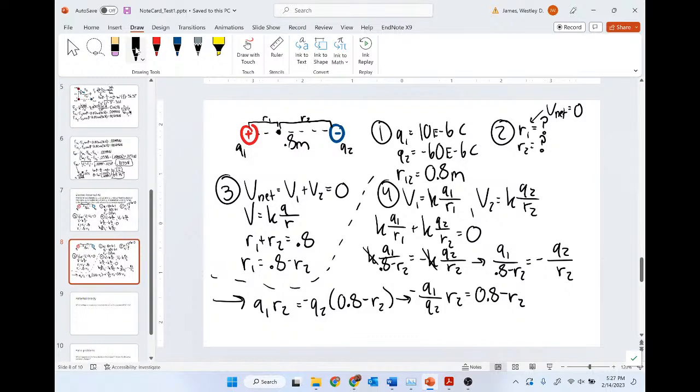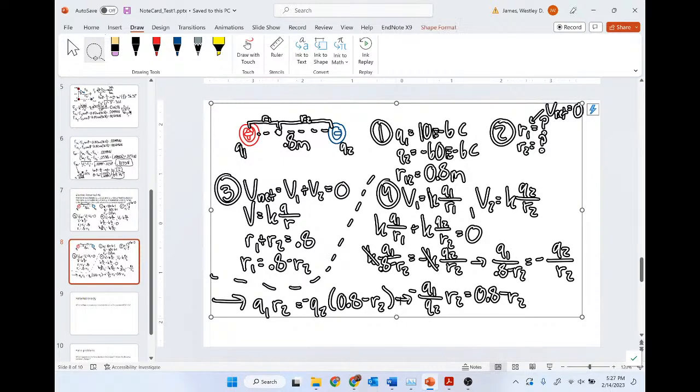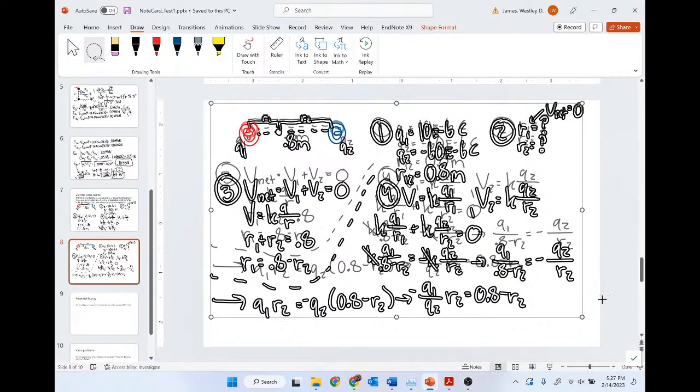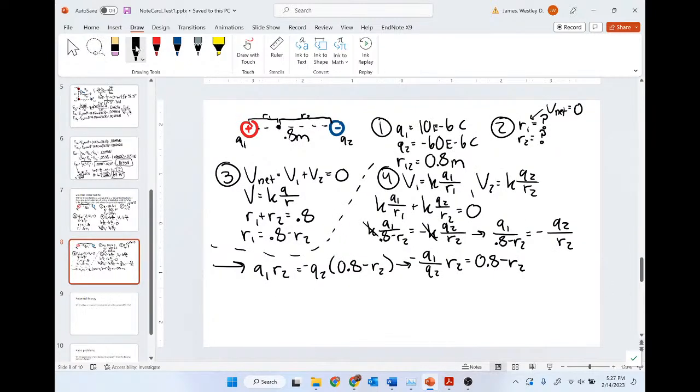And now it's just plugging in numbers. I mean, I guess I can plug in the numbers. I don't know how much that benefits us necessarily. 10e to the minus 6. Let's make everything a little smaller. All right, 10e to the minus 6 over negative 60. There's that negative sign in front. There's that negative sign there. Those two negative signs will cancel, which is great for us.